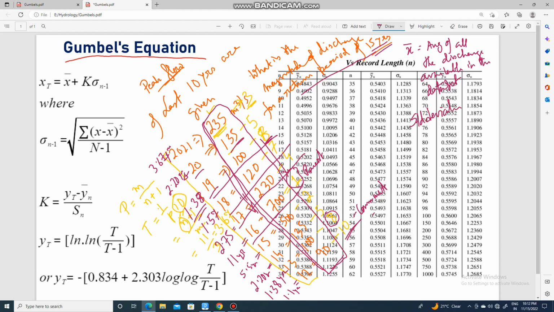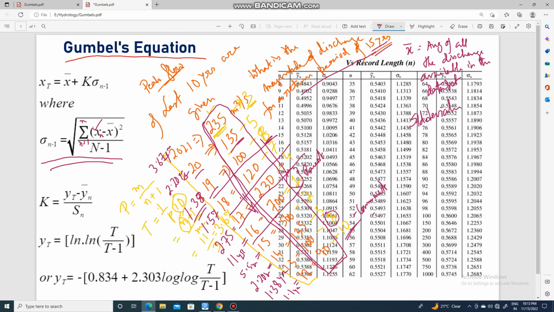The formula of averaging the discharges is very well known, so I have not shown that formula here, but to find the standard deviation of the discharges, we have to use this formula. Here x is the discharge, x minus the mean of discharge, whole square, summed over i from 1 to n.